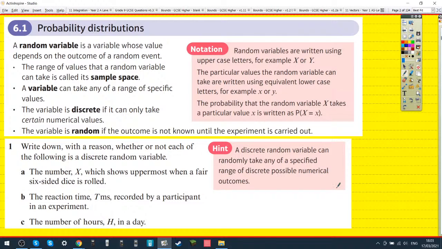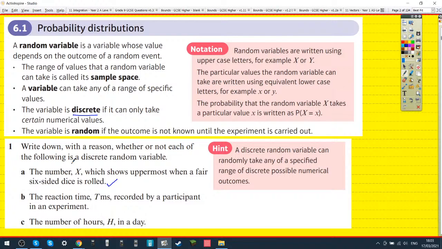Yep. But why? I wouldn't know how to explain it. It's random, and it's discrete because it can only take certain values: 1, 2, 3, 4, 5, or 6. If it wasn't discrete, then it's not a discrete random variable.